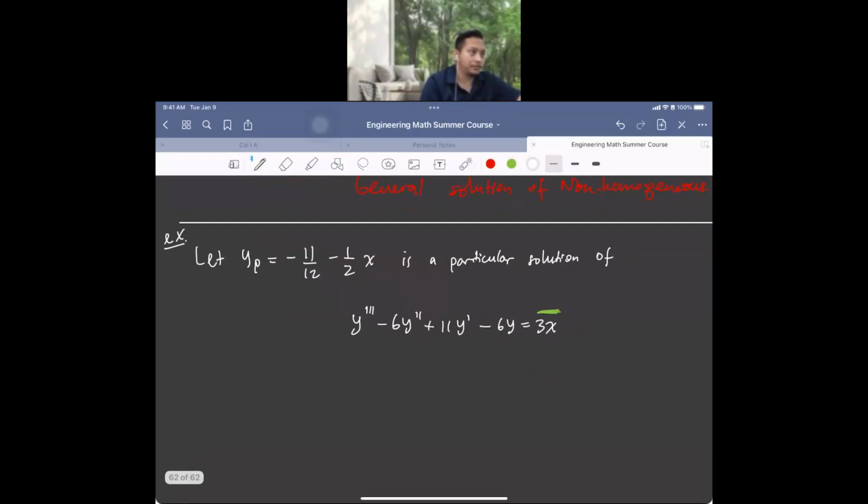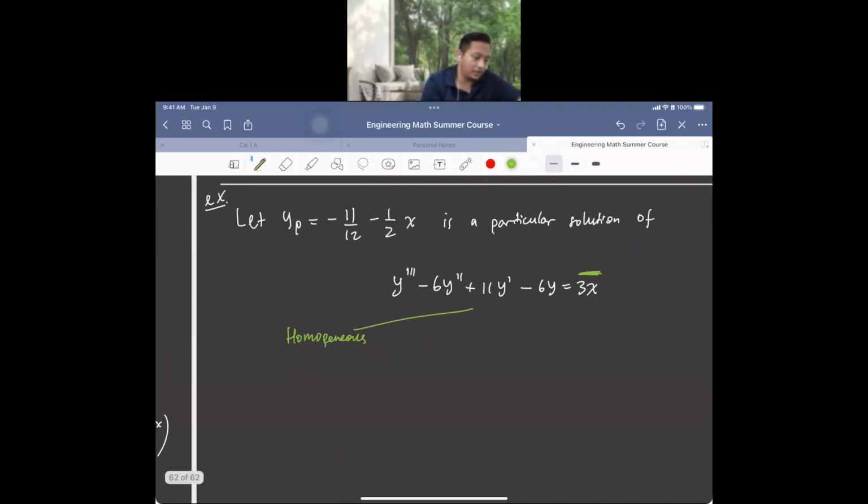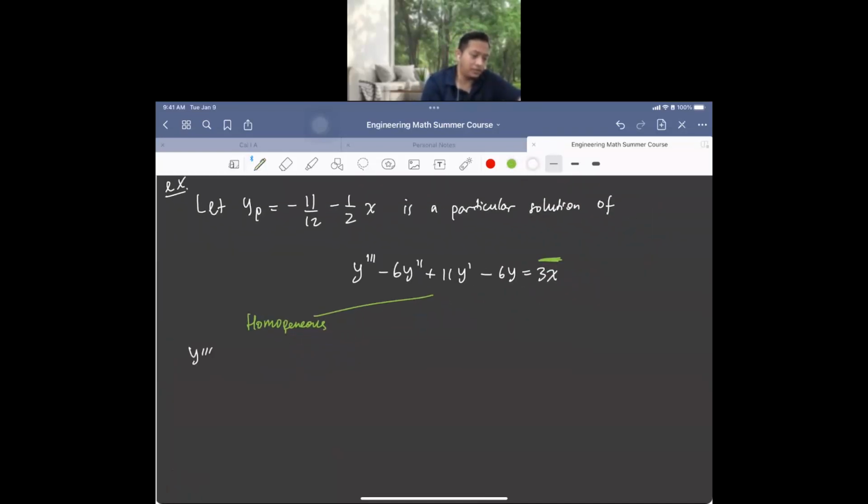Of course this is non-homogeneous because of this 3x. To construct the general solution, we take this into homogeneous, so we need to make it equal 0: y triple prime minus 6y double prime plus 11y prime minus 6y equals 0.